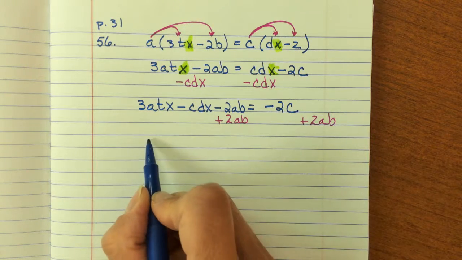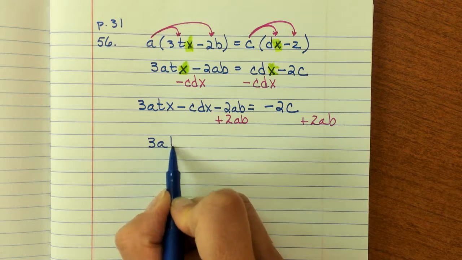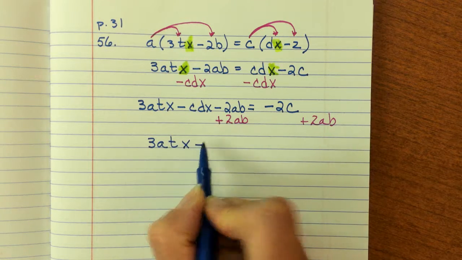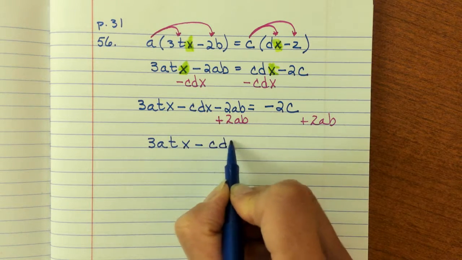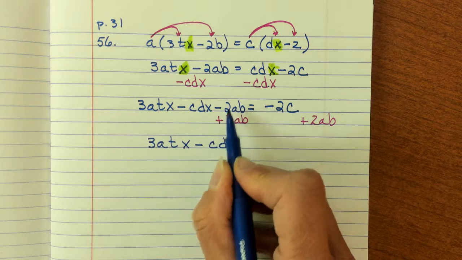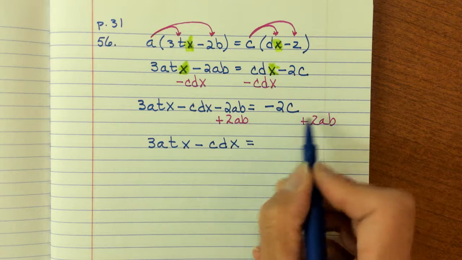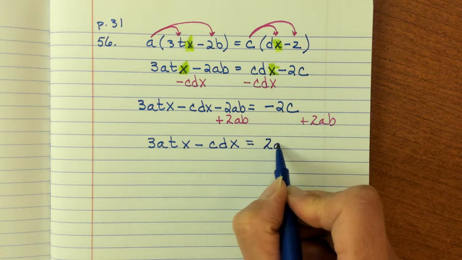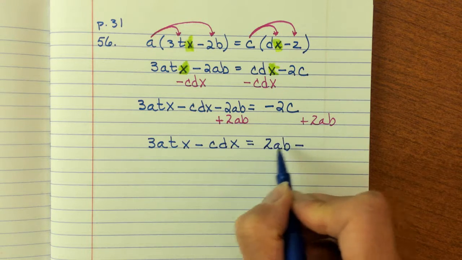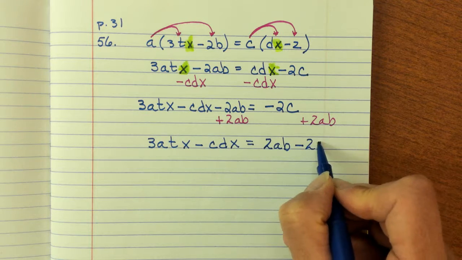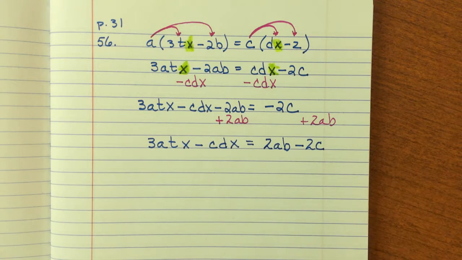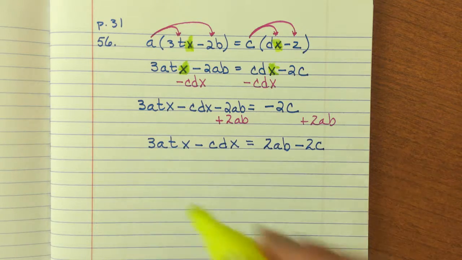So now this gives me 3atx minus cdx. That became a 0. And because this is positive, I'm going to put that first. It really doesn't matter, but I just like having my positive numbers first. 2ab minus 2c.